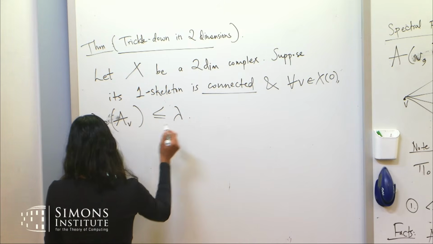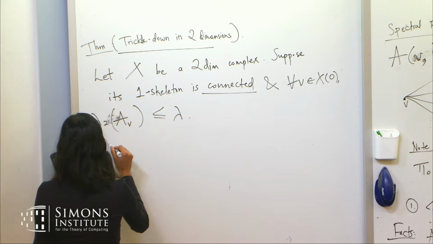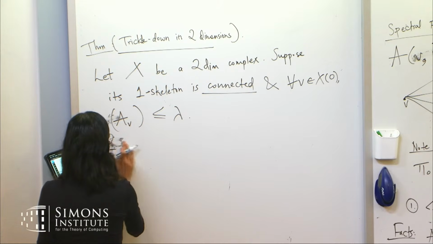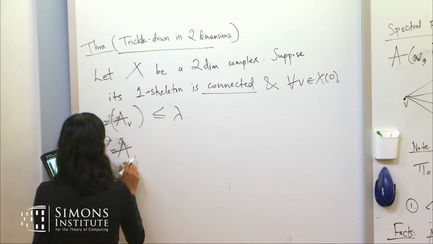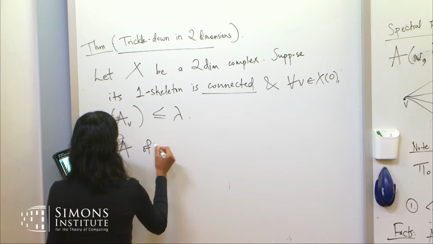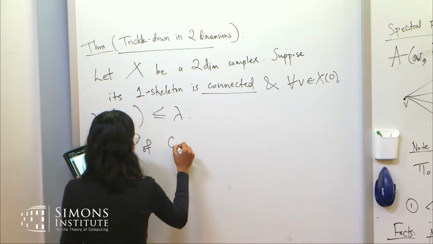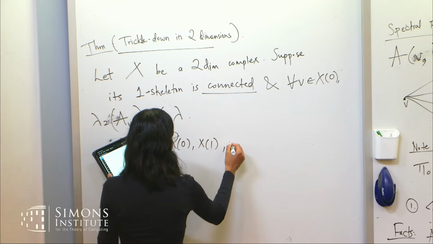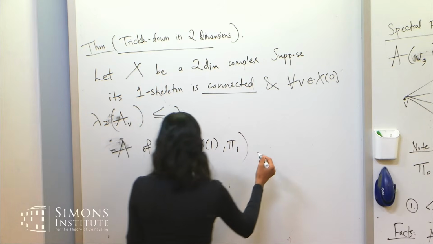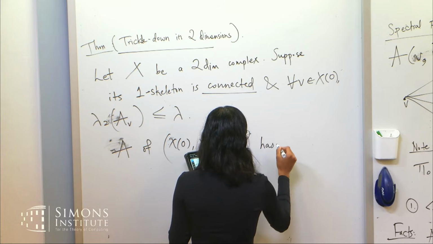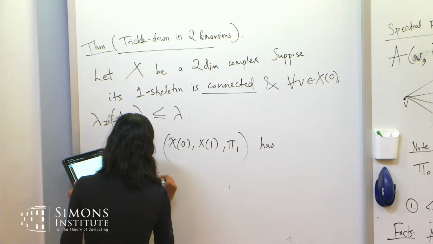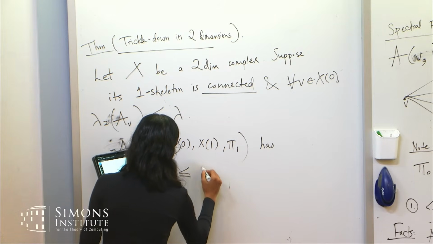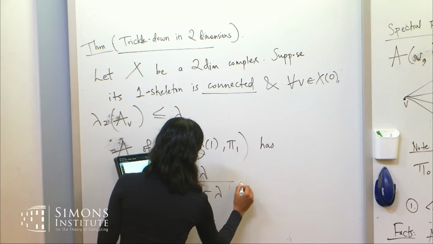You get that the one-skeleton of X, the adjacency matrix of the graph X_0, X_1, pi1, has lambda_2 of A at most lambda over 1 minus lambda.